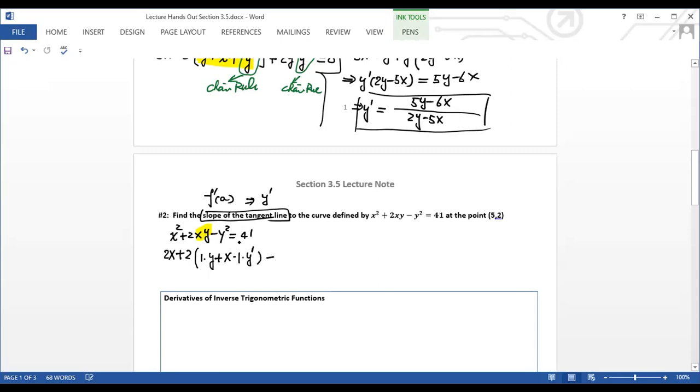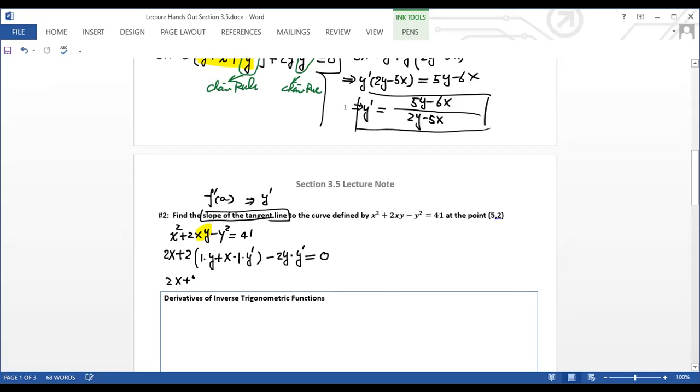Then this is a minus. So take the derivative of y squared, which is 2y, then times what? y prime. That's the chain rule. Don't forget that. Then 41 is a constant, so it's 0. All right. Okay, so now simplify. So FOIL.